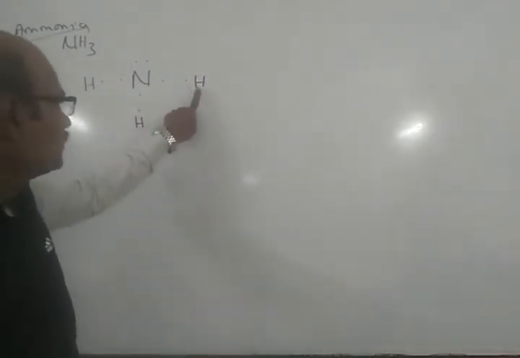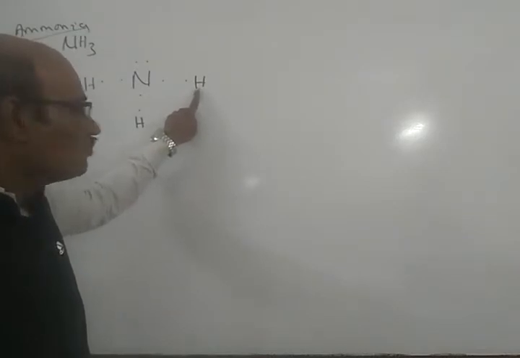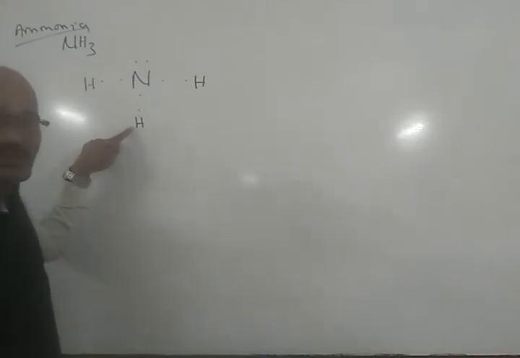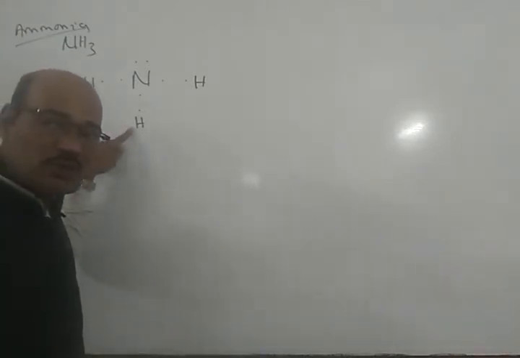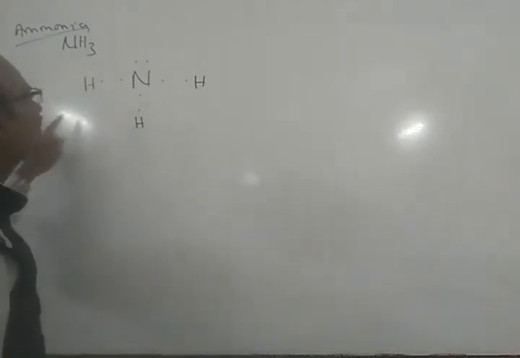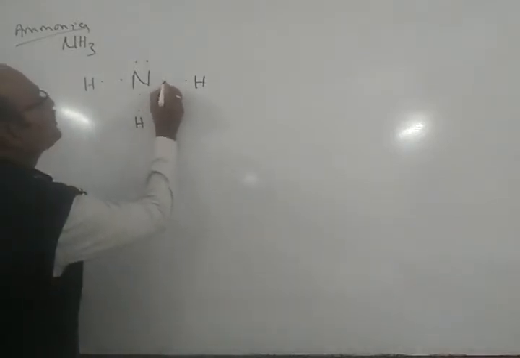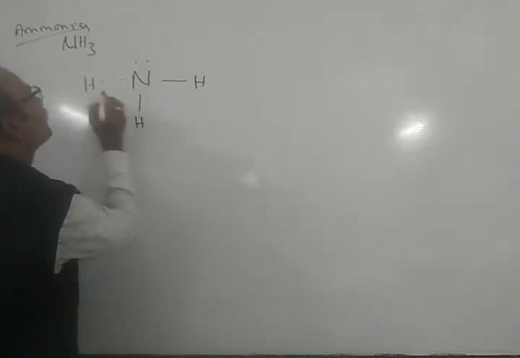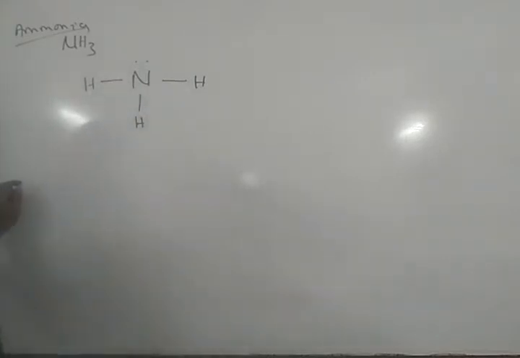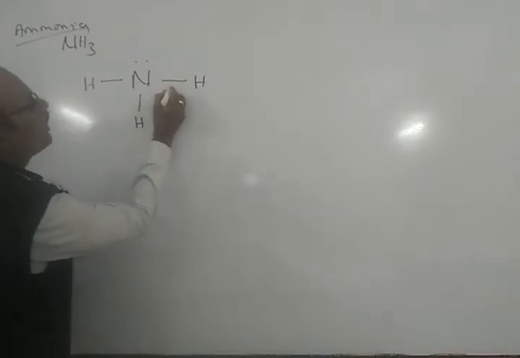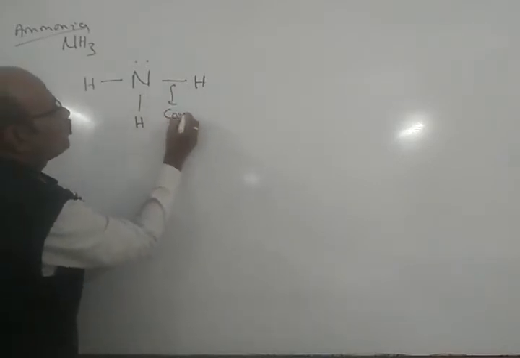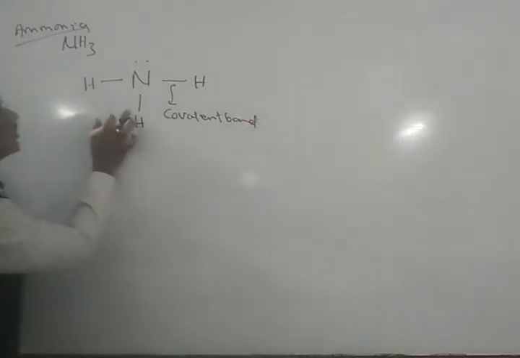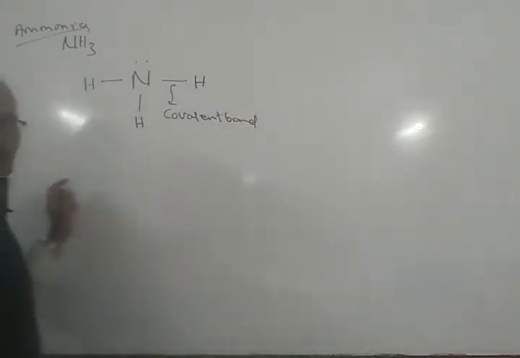So, each hydrogen atom requires another 1 electron to have the duplet. So, what is happening? This nitrogen atom is forming a bond with each H. This bond is called a covalent bond. This is also a covalent bond. This is also a covalent bond.